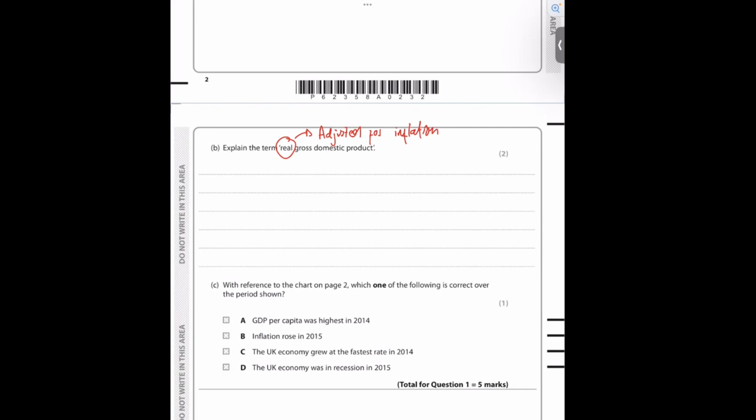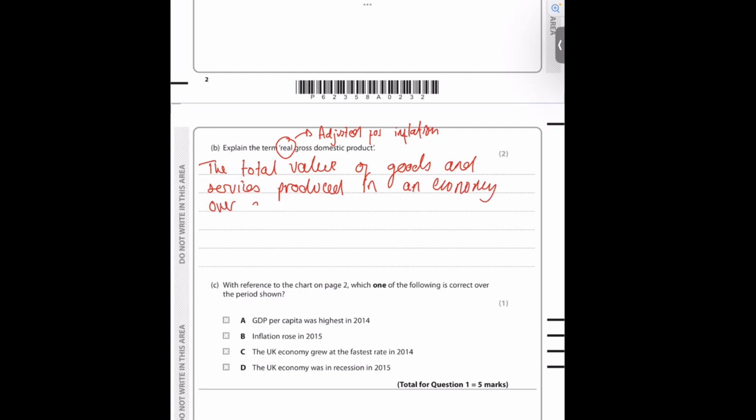So real gross domestic product is the total value of goods and services produced in an economy over a given time period, adjusted for inflation.